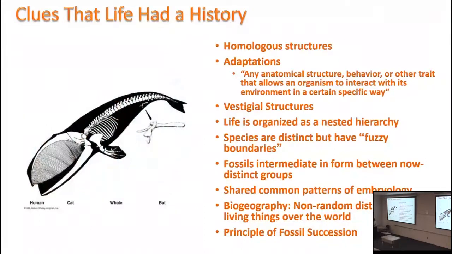Related to that, there were well-known vestigial structures, structures which are homologous to functional body parts in other organisms, with reduced or no function in other forms. For instance, whales have pelvises. Whales have femora.